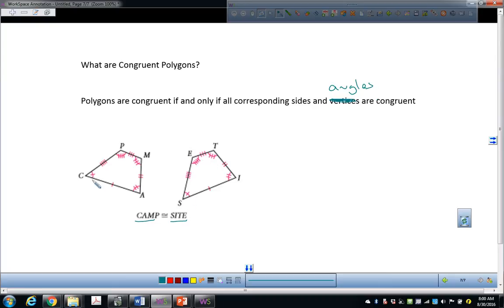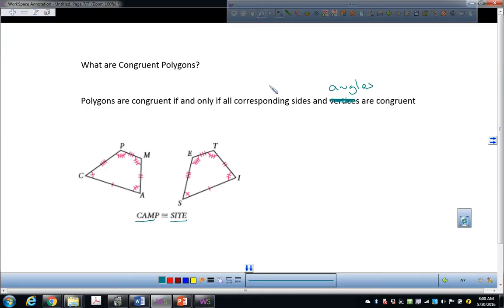And notice there's one hash mark on C and one hash mark on S. That means those two things are congruent. Side MP on this one would be congruent to TE or ET. It doesn't really matter, but you can tell by the statement as well as by the figure what goes with what.